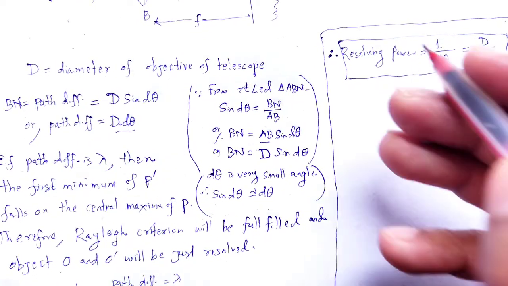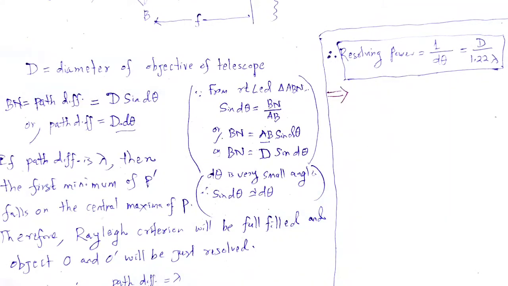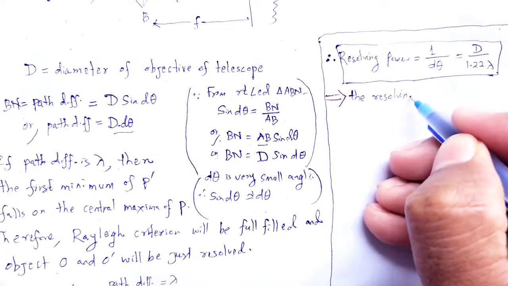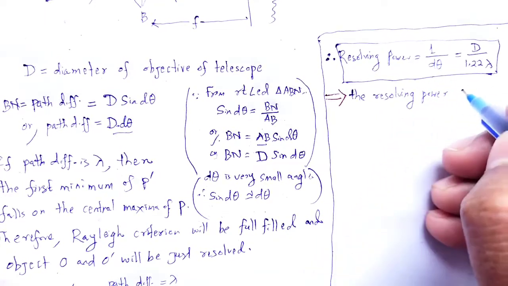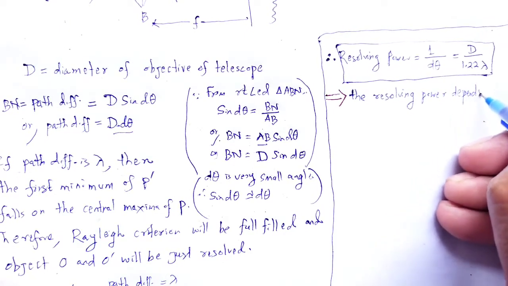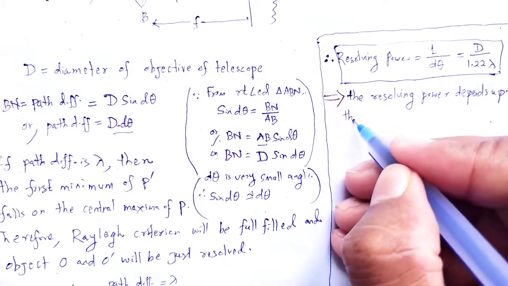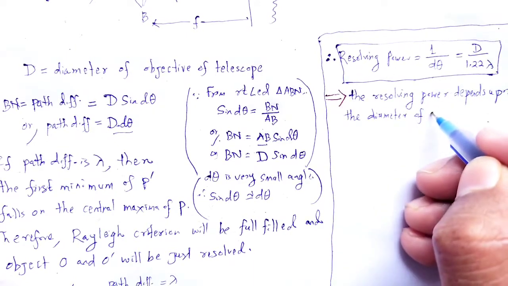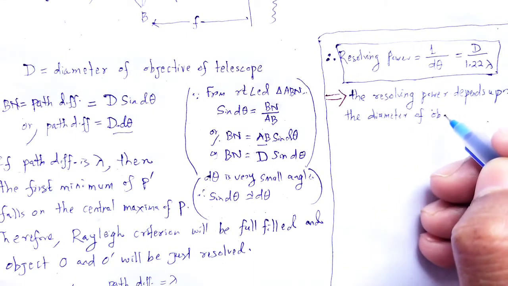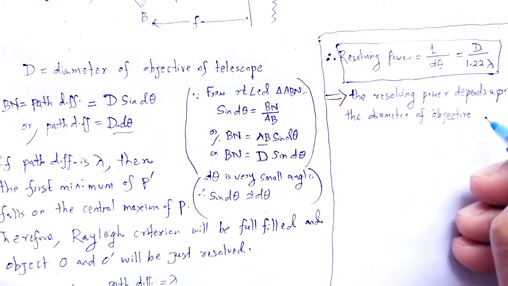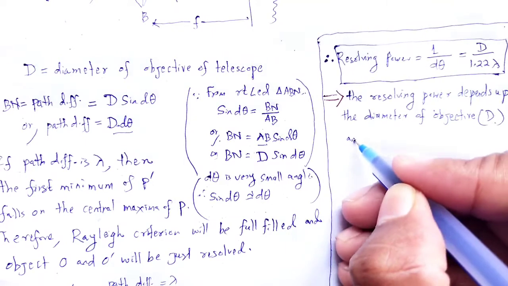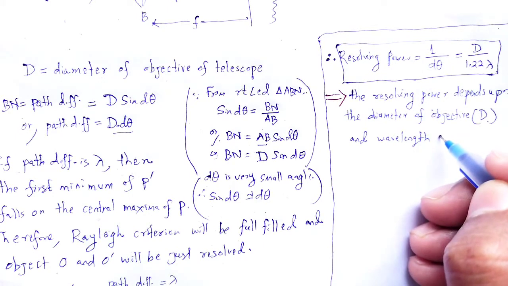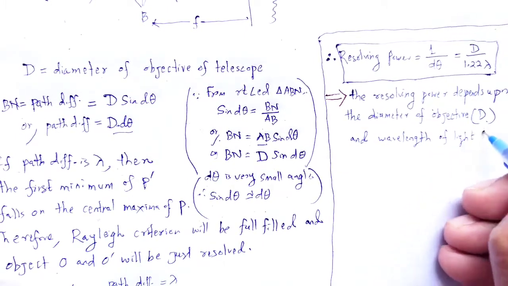From that expression, it is clear that the resolving power depends upon the diameter of the telescope, the diameter of the objective D, and the wavelength of light, which is lambda.